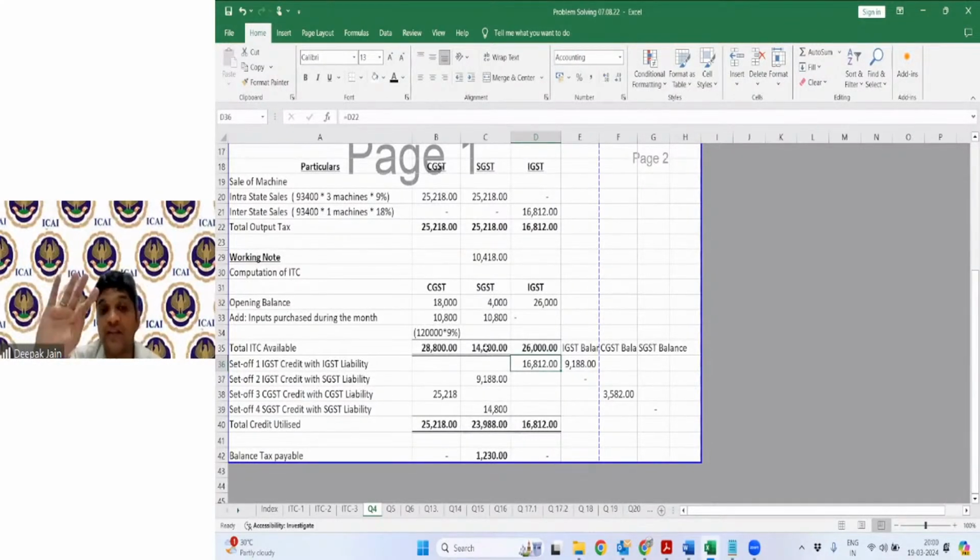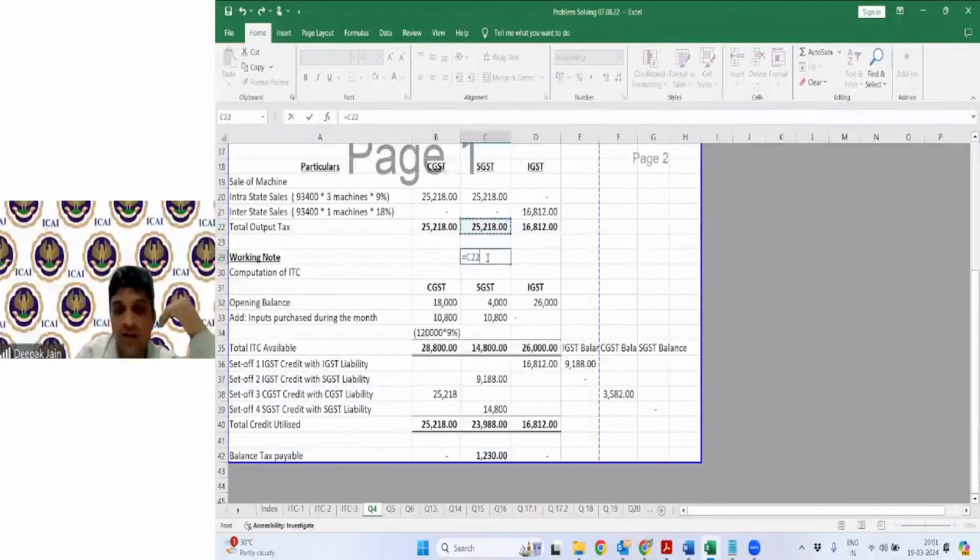But if there is any liability of IGST, then you cannot say no, IGST you don't pay, SGST. That is not possible. If there is any liability, your credit should go off for utilization to the extent of IGST liability, and balance will come here. So that's why I've claimed the credit of IGST. Then SGST, what is the balance liability? See, 25,208 was my liability. Now IGST gave me credit of 9,188.